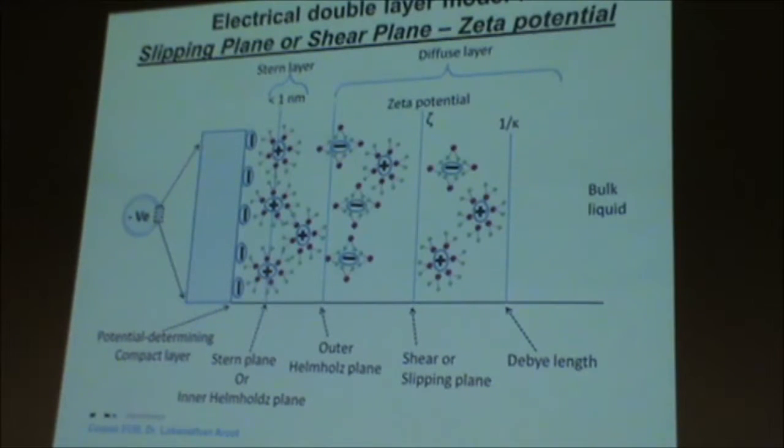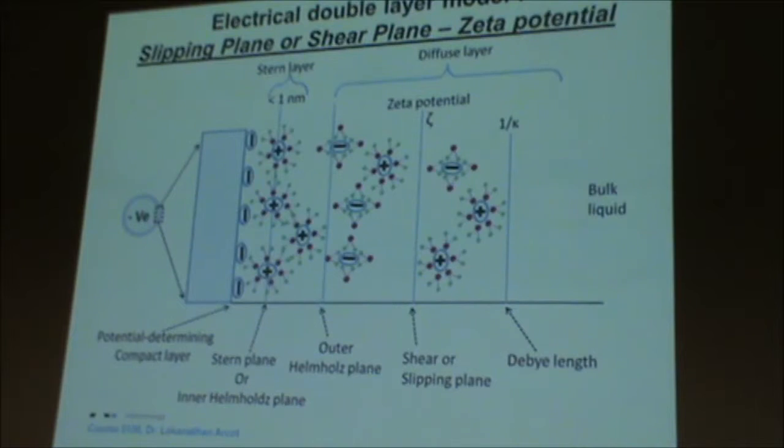Now when the particle moves, where is the boundary where the liquid is left behind and only the particle is moving? There will always be some adhesion between the liquid and the particle, and as you move out, the adhesion decreases. So when it moves forward, there will be a thin layer of liquid that actually moves with the particle. Can you imagine that?